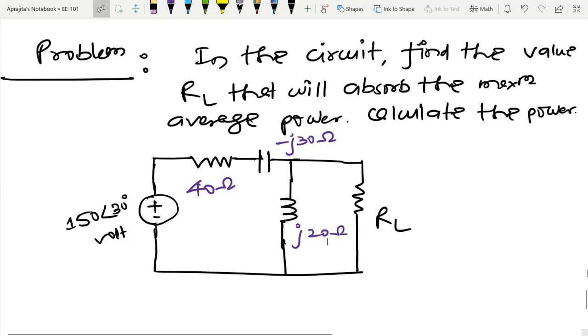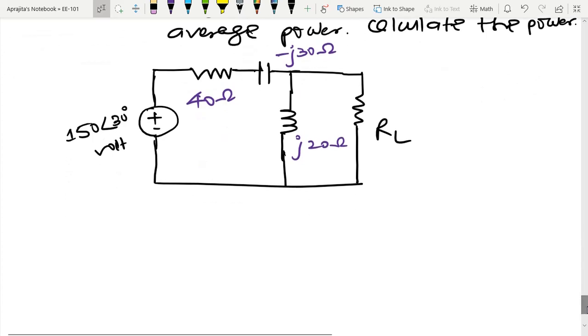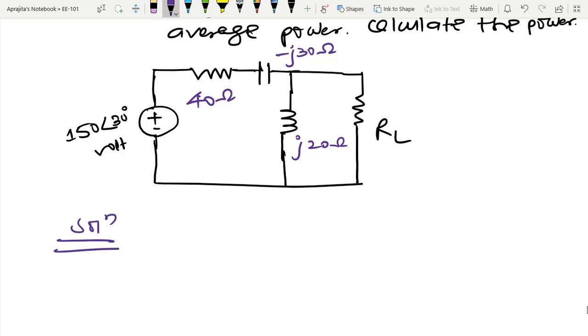So again, the procedure is the same. You have to calculate the Thevenin's equivalent.